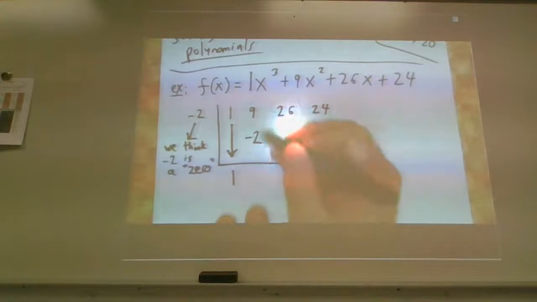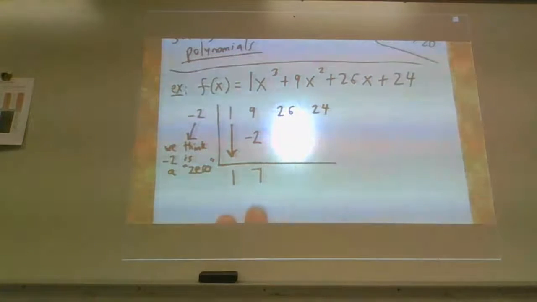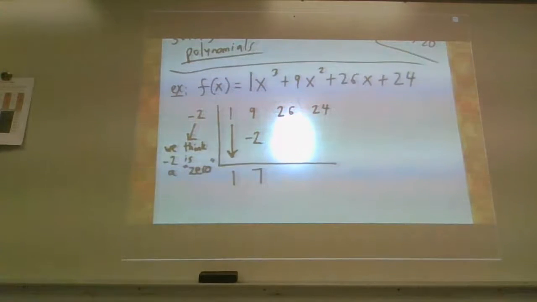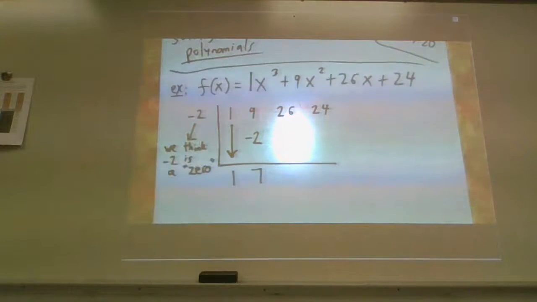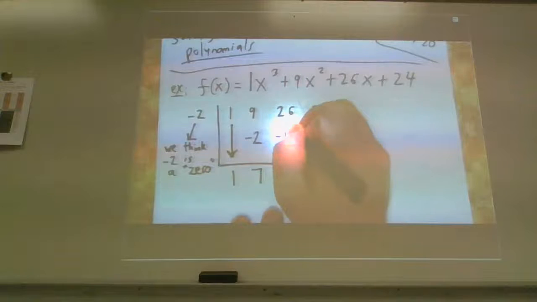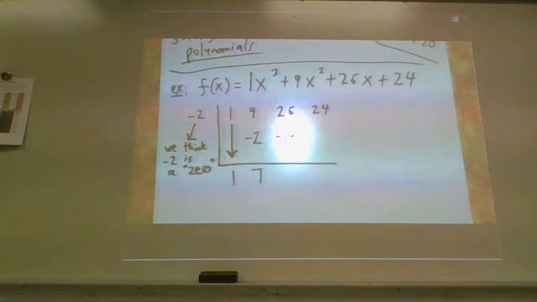Now I add vertically. Now I multiply by the -2. I get -14. If I'm correct, if I'm right, what number should I get here? I should get a 0. I think we're right. But let's just see what happens.